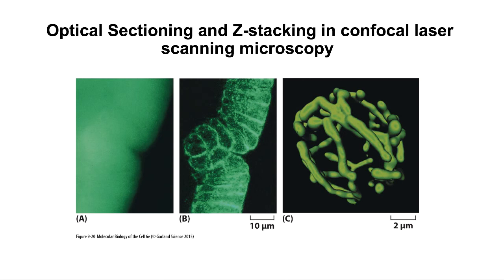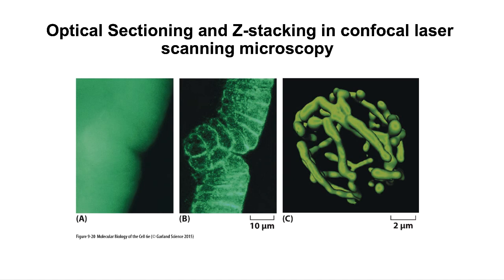So you may have heard of confocal microscopy, the Z-stacking in confocal microscopy. In confocal microscopy, you can have a small pinhole in front of the light source and in front of the detector. So you can selectively excite fluorophores in a certain plane in focus and selectively collect fluorescence coming from the focus plane to enhance signal from the plane in focus.